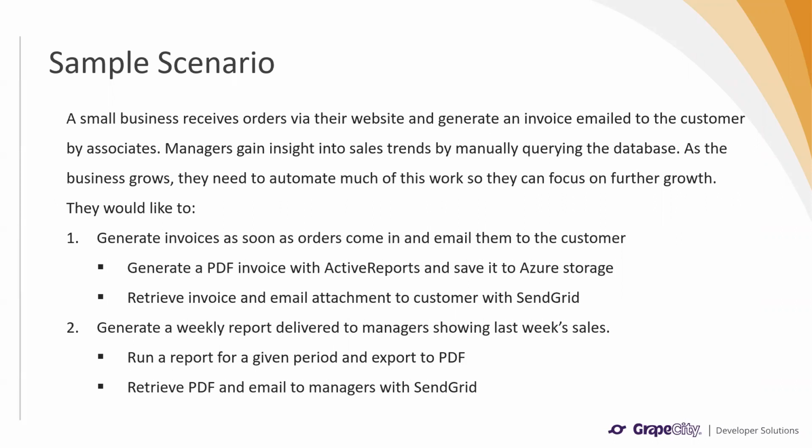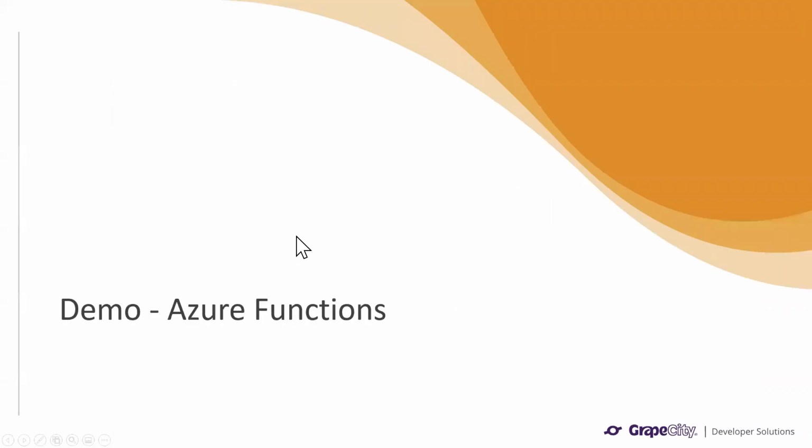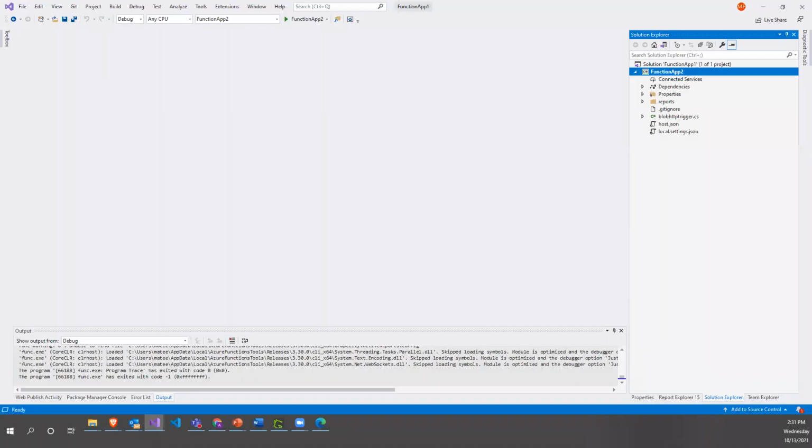So this is basically what we're going to work towards. Let's go ahead and take a look at the Azure Functions demo. How do we create such an application? For the sake of time, I have an Azure Functions app that I've already created.